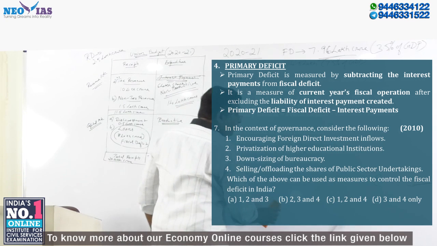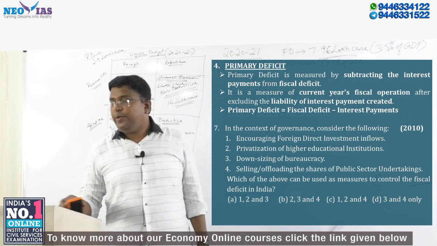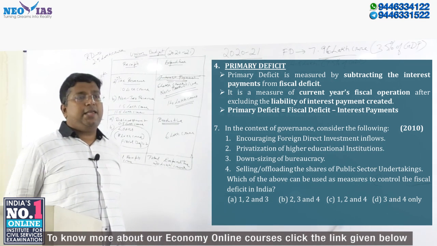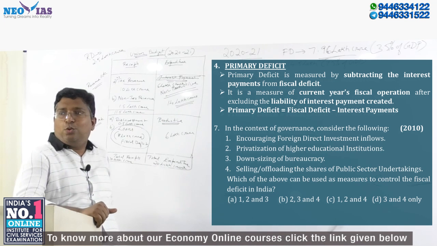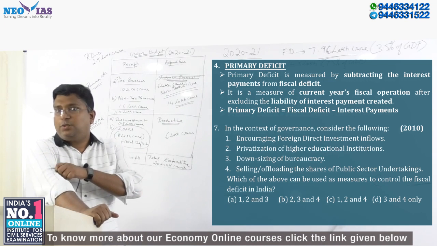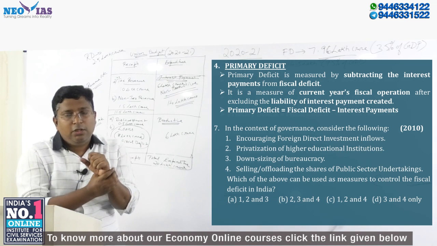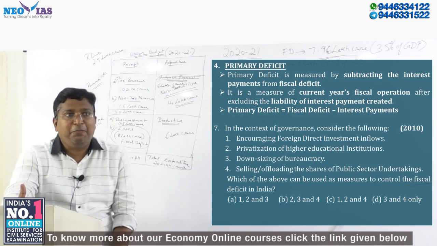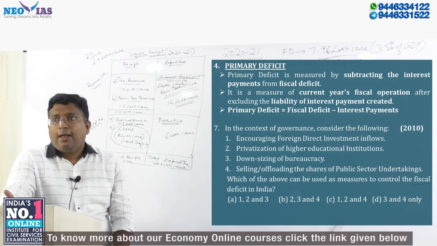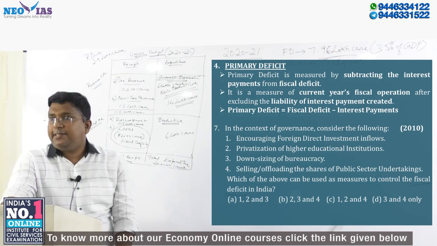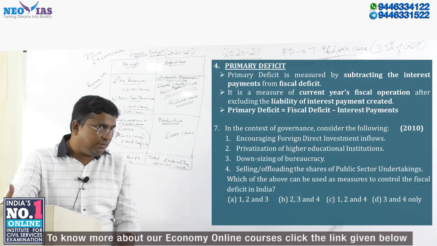Regarding the second statement, now you tell me, give me an example of a higher educational institution. IIT, IIM, JNU, Delhi University, they are all higher educational institutions, okay? Now what is the meaning of privatization? The government selling something it owns.